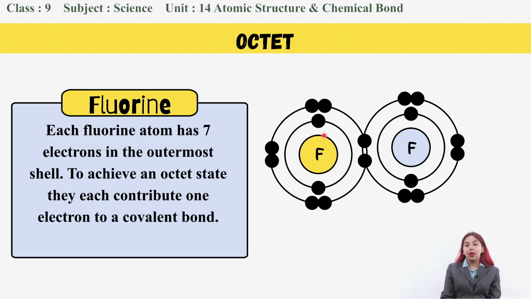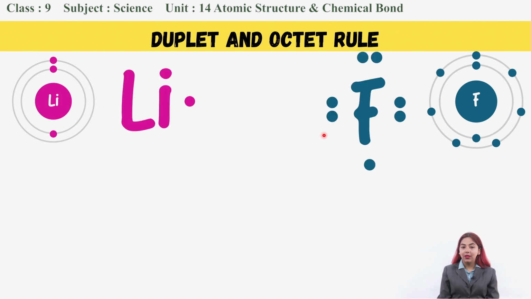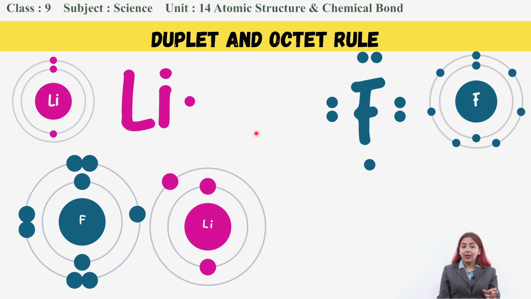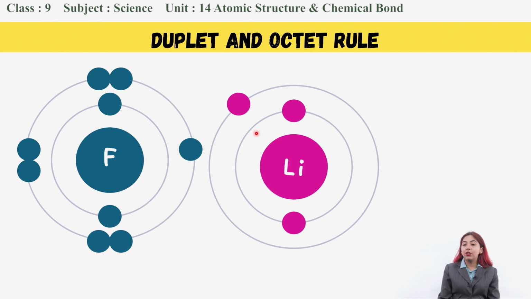Now let us take another example to clear this concept about octet and duplet. Lithium has a single electron in its outermost orbit and fluorine has 7 electrons in its outermost orbit. So this is the structure of fluorine and lithium. For lithium to reach duplet state, it needs to give this electron out.